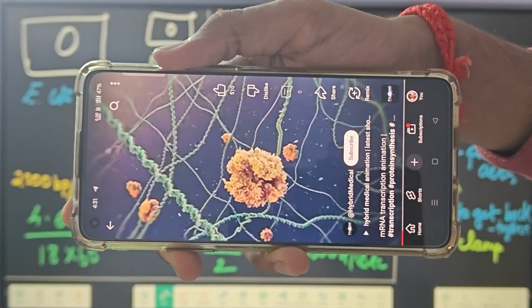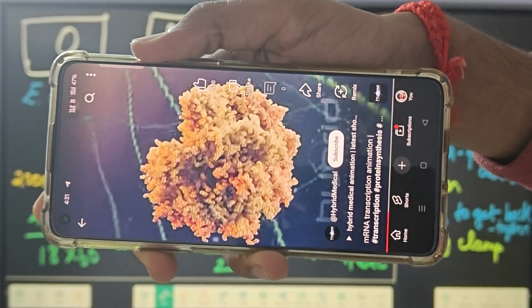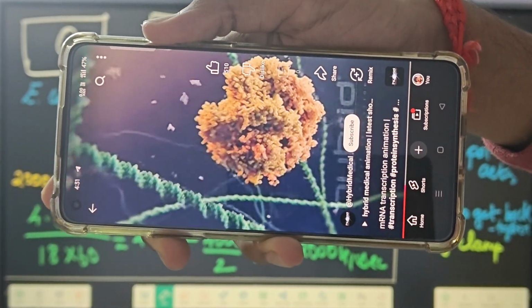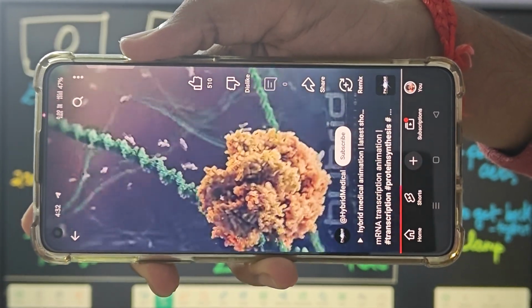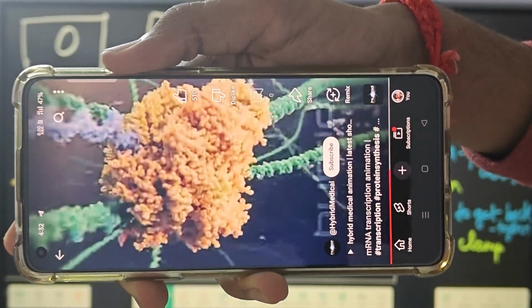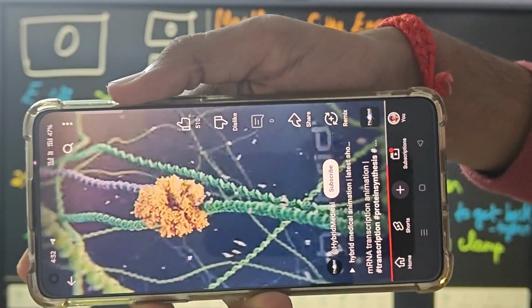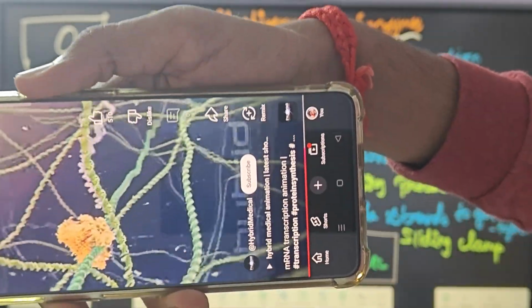See, this is the DNA polymerase, that brown colored thing, and this is the DNA molecule. It is going to attach to that DNA molecule. After being attached, just see how fast it slides and how fast it creates the new DNA. Just check it out, how amazing is it?